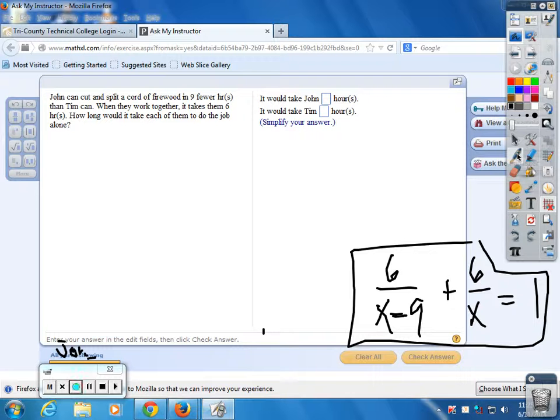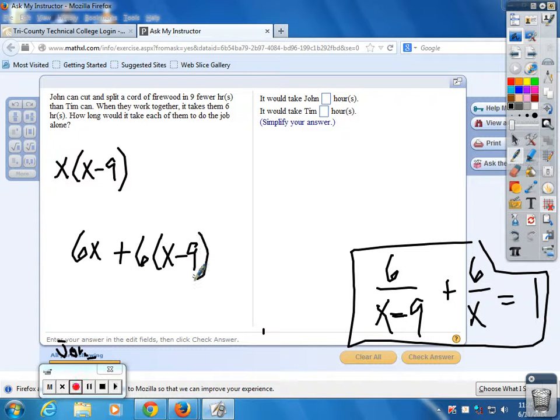What's the common denominator? X times X minus 9. So multiply through by X times X minus 9, and the X minus 9's cancel, giving you 6X plus 6 times X minus 9 is equal to X times X minus 9.